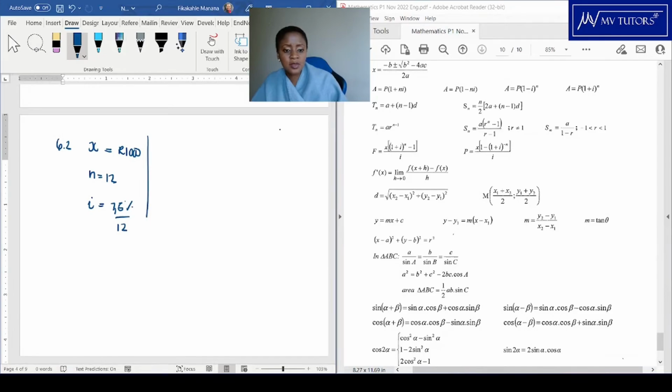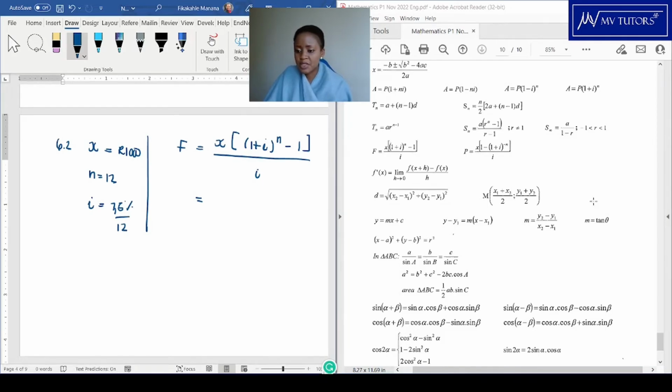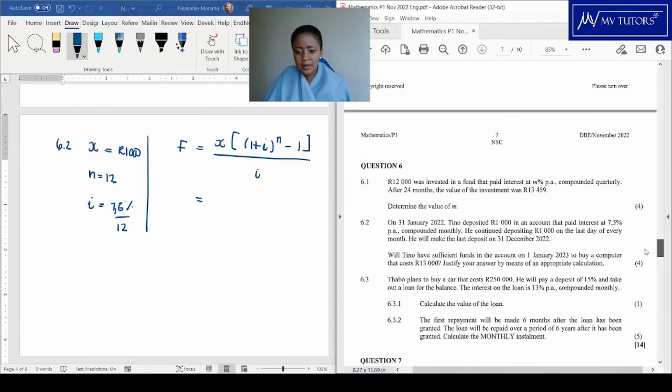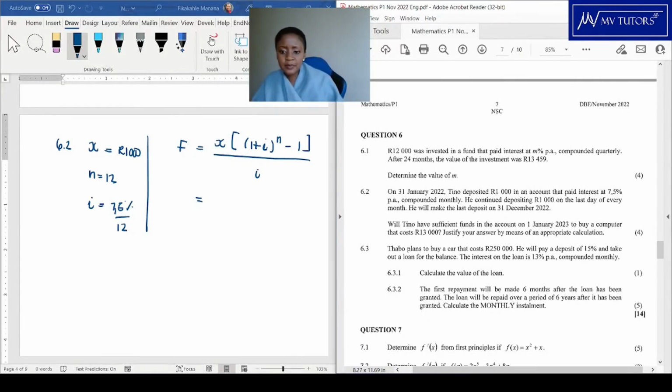So we have F is equal to x, 1 plus the interest rate to the power n, minus 1, and it's all divided by the interest rate. Let's go back to our question with all the values. Here we are.